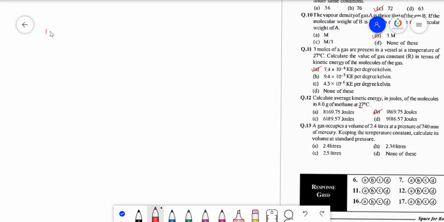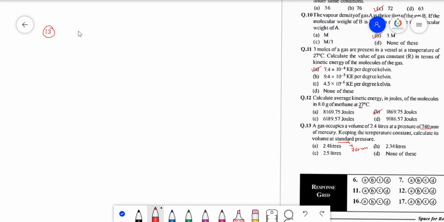Let's solve question number 13. A gas occupies a volume of 2.4 liters at a pressure of 740 millimeters of mercury, keeping the temperature constant. Calculate its volume at standard pressure. Standard pressure, they said. So here pressure is given as 740 millimeters. So standard pressure here you take in millimeters, that is 760 millimeters of pressure.